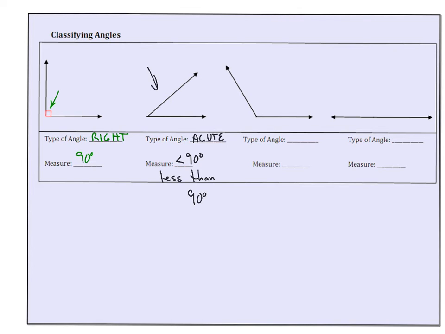Pretty simple. So the next one's going to be obtuse. Okay, so this is, if I drew like an imaginary 90 degrees here, it's going to be bigger. So that means it's going to be between 90 and 180. And this last one over here on the right, we would call that a line, and you're not wrong, but this is called a straight angle.